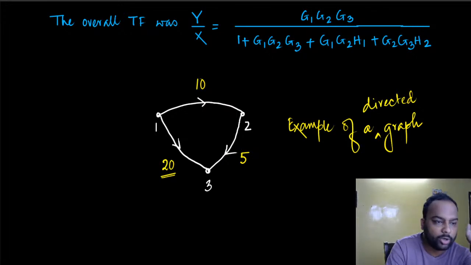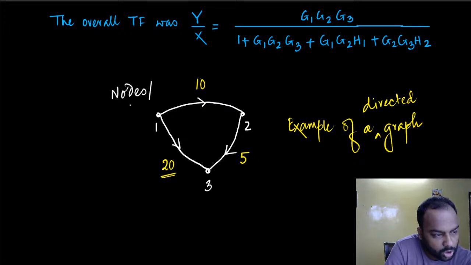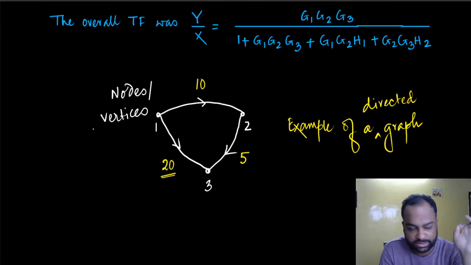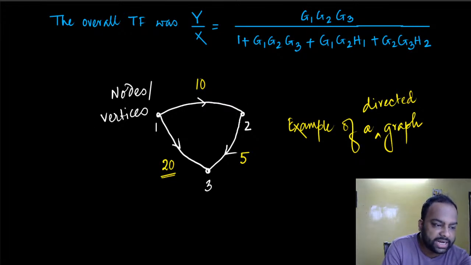All right. So with that said, let me clear the nomenclature here. These points that I have drawn here are known as nodes or vertices, and the singular is node and vertex.